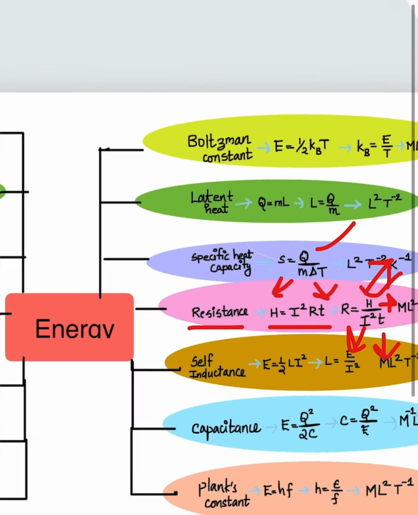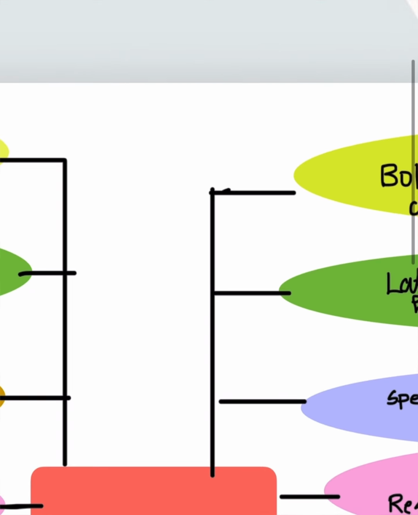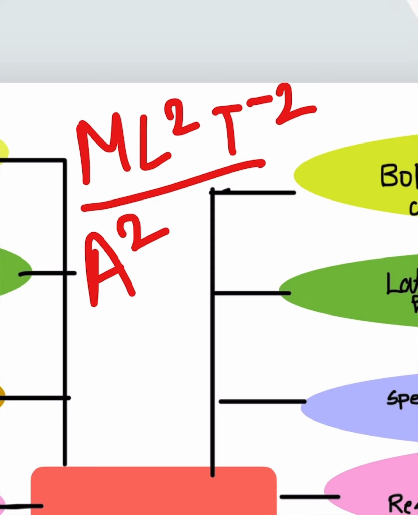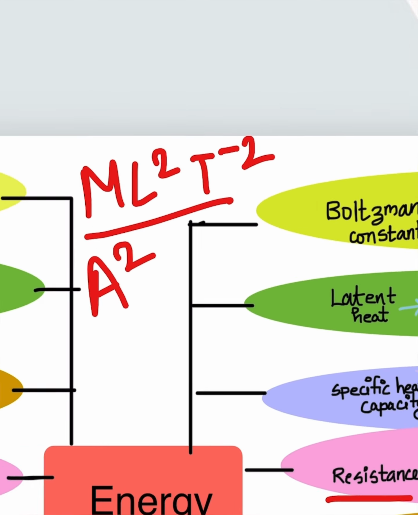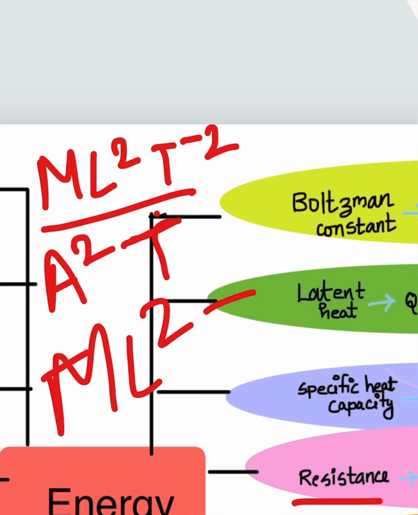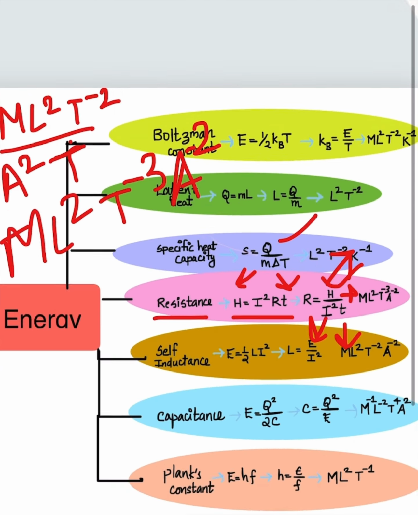We have to write it here: H is ML²T⁻², current squared is ampere squared, and then time T. That is ML²T⁻³A⁻² will be the equation.